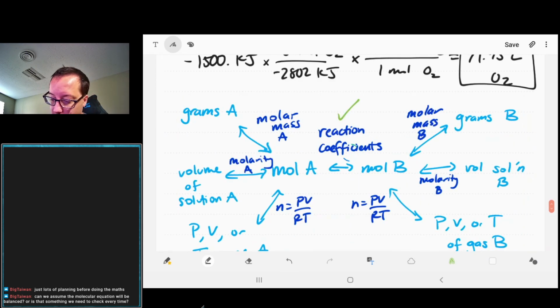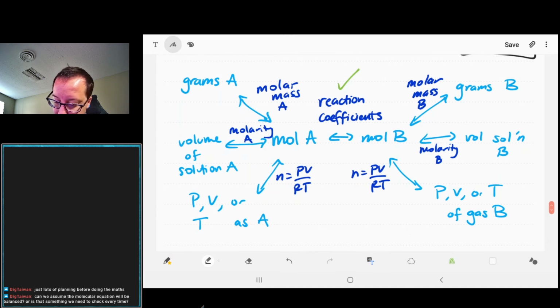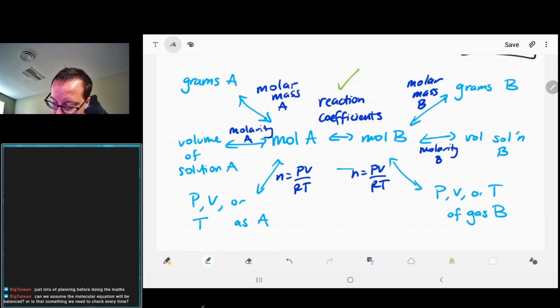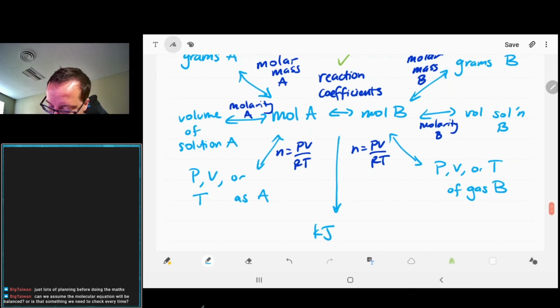All right, so the only thing we've thrown out here is one more little bit, and how we do that is delta H. So we can go from either of those moles to delta H, or rather to kilojoules using delta H. So it's just one more little bit here that we're throwing out.